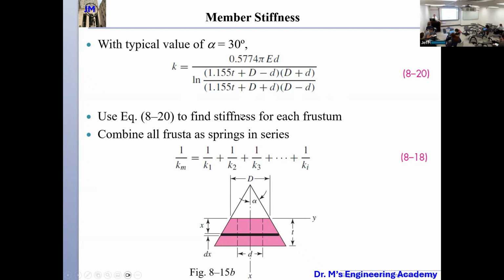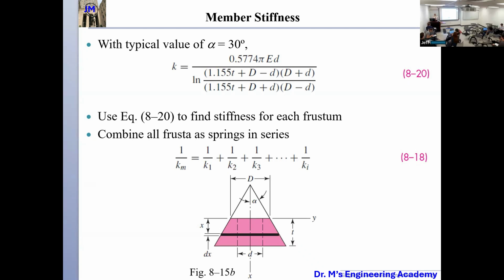We can use this equation to get the stiffness of any member, and then combine all members as springs in series. So we have a bolt and a nut, these two guys, and they compress multiple plates. These multiple plates are arranged in series.